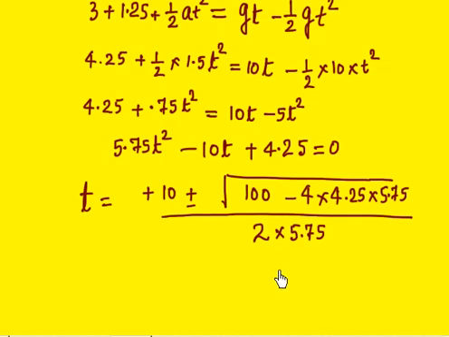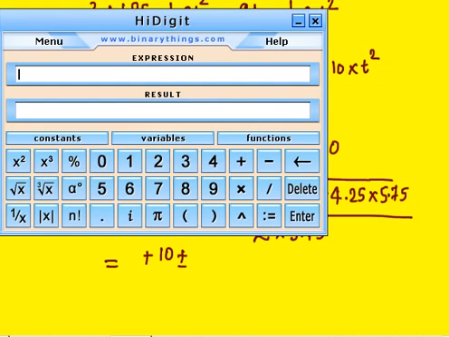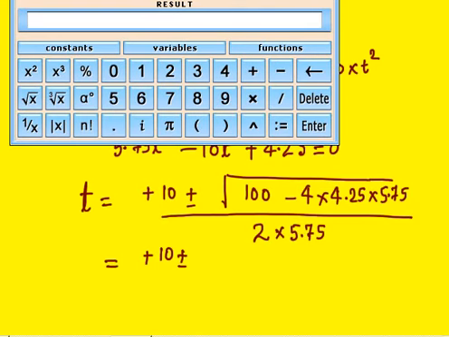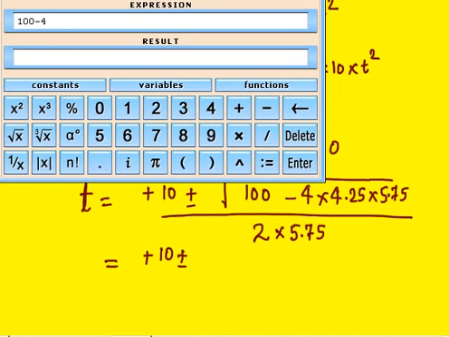Let us solve this one, so let me use the calculator. I will have 100 minus 4 into 4.25, multiplied by 5.75.